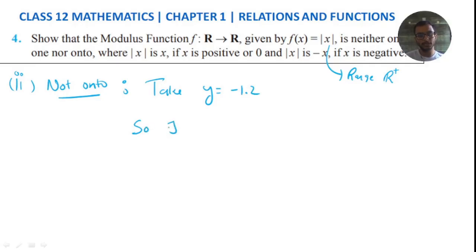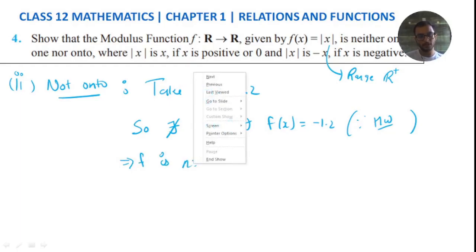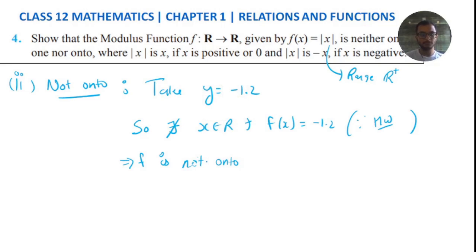Then there does not exist x belonging to R such that f of x equals minus 1.2. You should give proper reason, the way we did in the first part. So this will give that f is not onto. So we are done with the fourth question also.